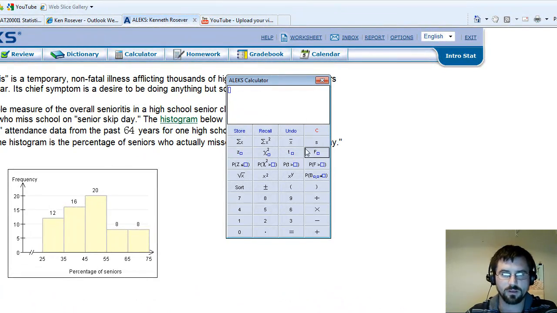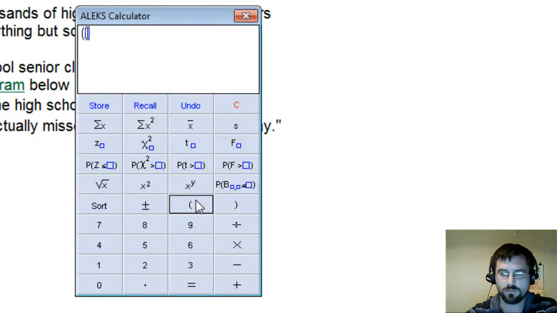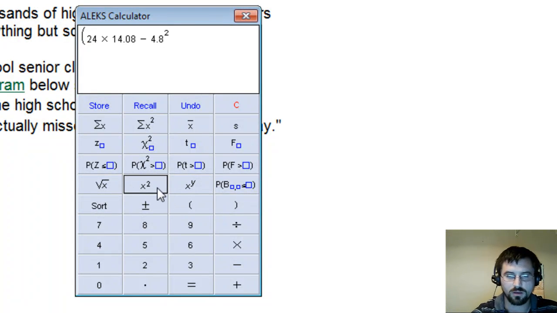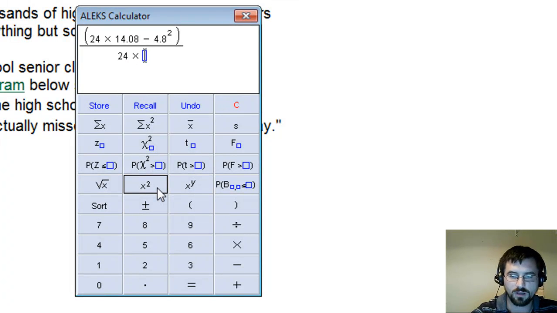So clear that. Parenthesis 24 times 14.08 minus negative 4.8, so 4.8 squared. Let's close that parenthesis, divided by 24 times 23. And if you want to put parentheses here, you can.